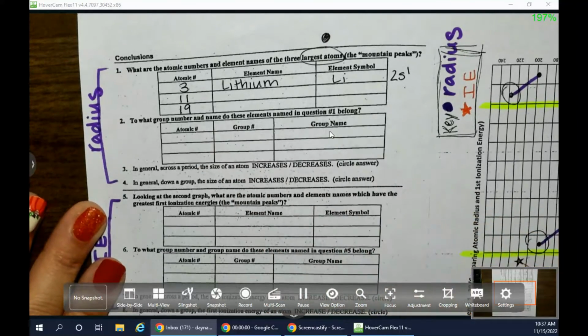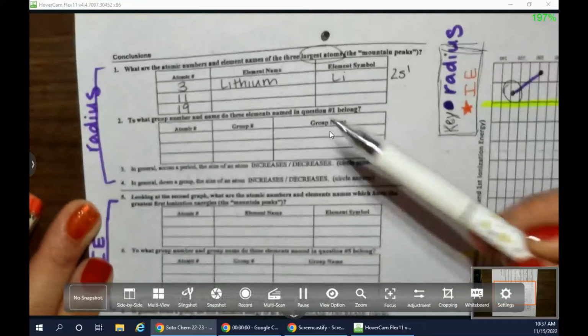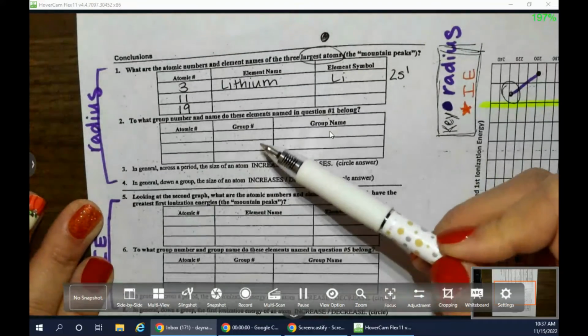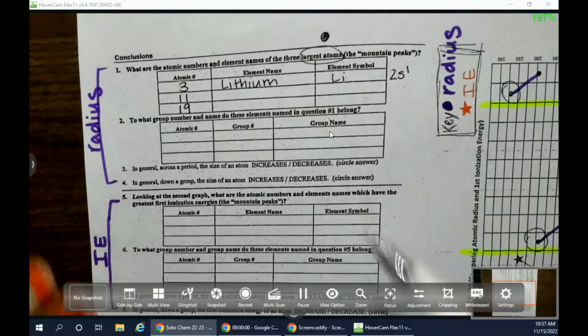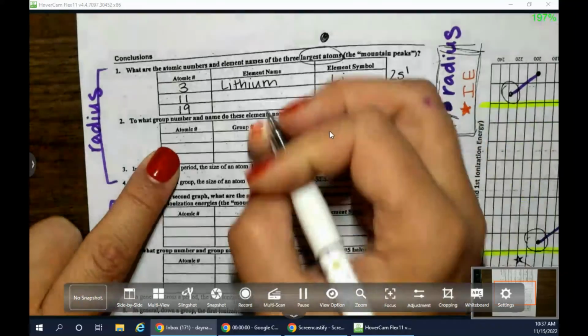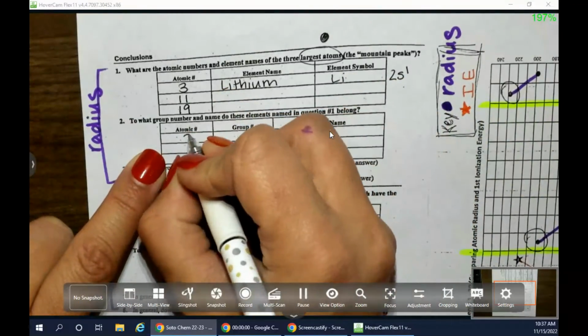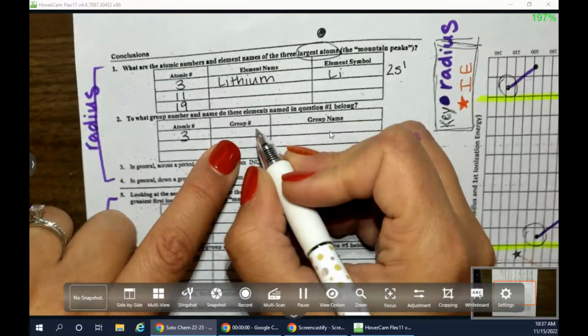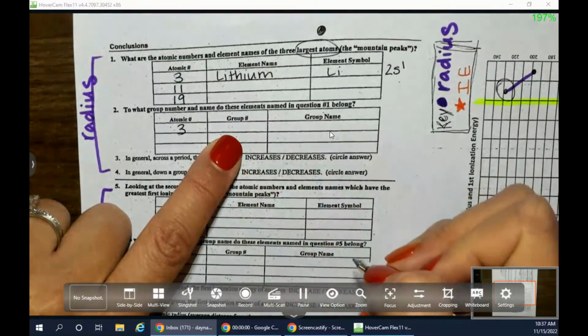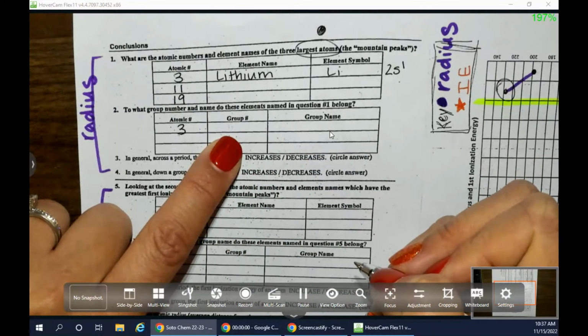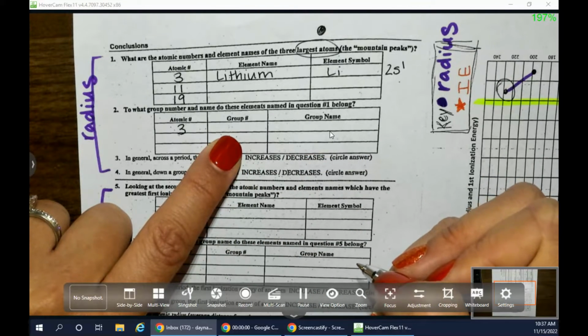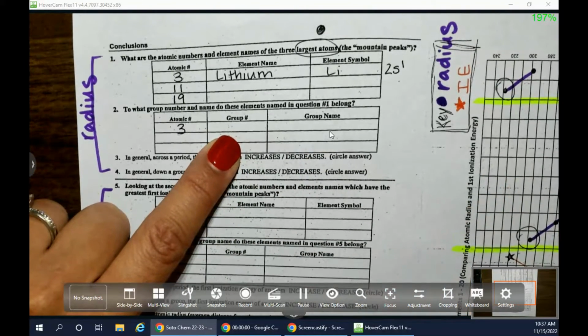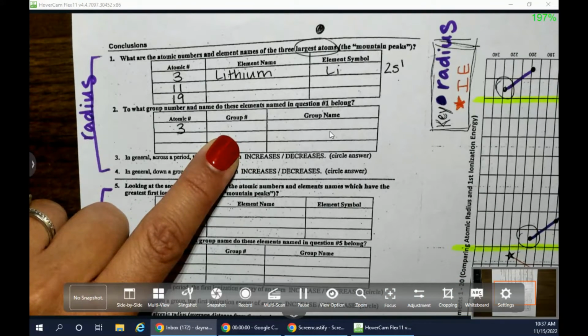Number 2 says: to what group number and name do these elements named in question 1 belong? So our atomic number 3, again, lithium. What group number is lithium in on your periodic table? And if you do not have a periodic table, then you need to grab one from the front table.